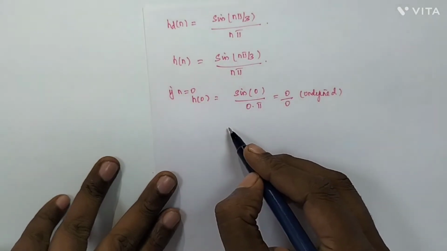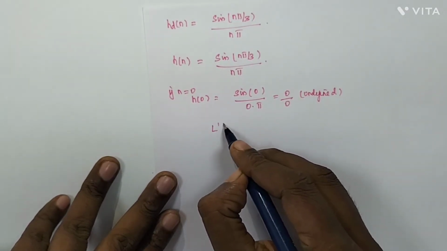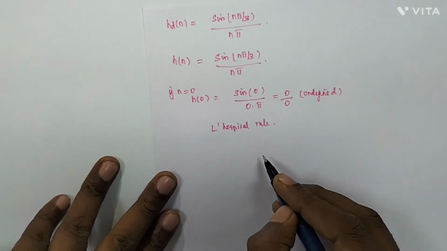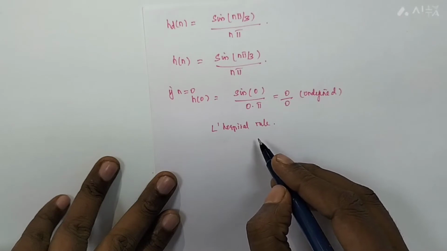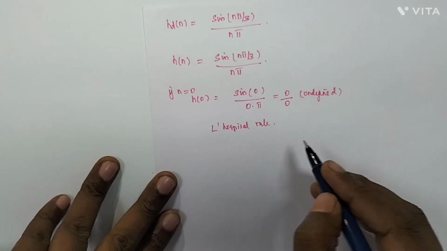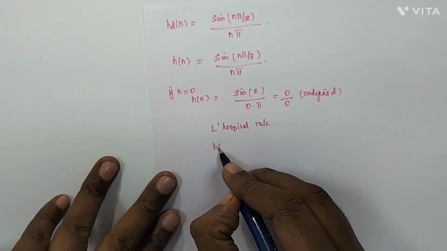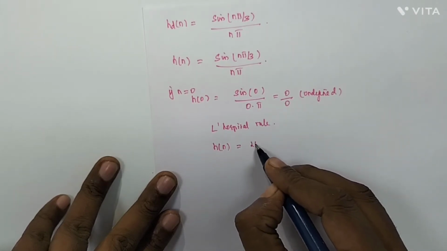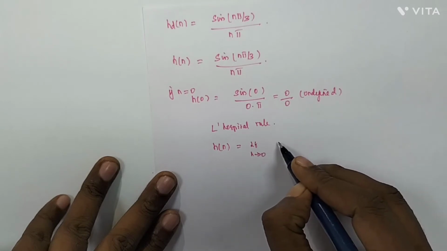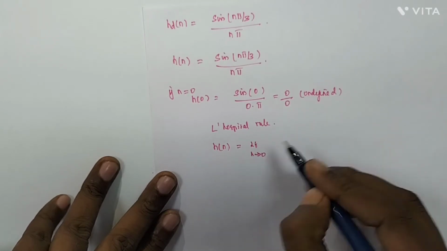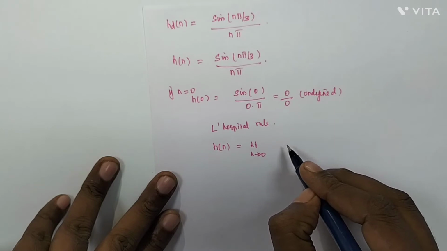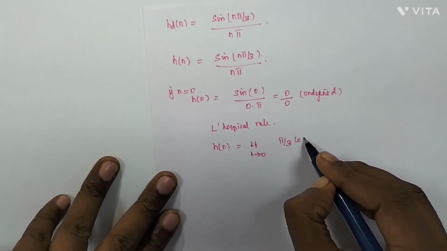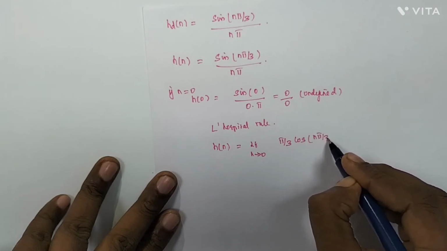So you have to apply L'Hospital rule, that is, differentiate numerator and denominator with respect to n. That is limit n tends to 0. When you differentiate sin n pi by 3 with respect to n, it is pi by 3 into cos n pi by 3.